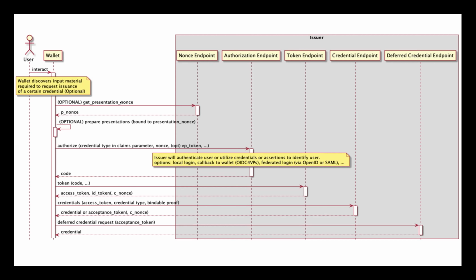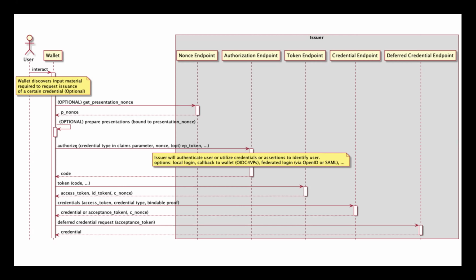So once the wallet has obtained that nonce, it picks the credential and produces the verifier presentation. And then it initiates the authorization request. In case it wants to present verifier presentations, it uses the VP token parameter that is defined in the OpenID Connect for verifier presentation specification, because in this case, it acts as the wallet towards a verifier. So we use that existing rails for that.